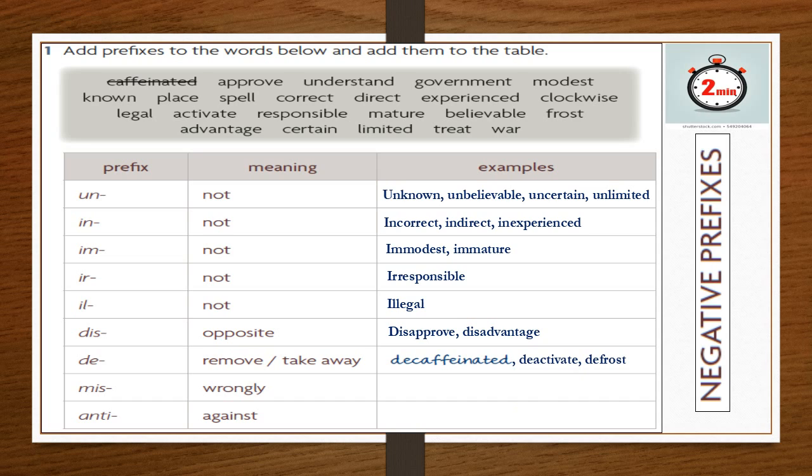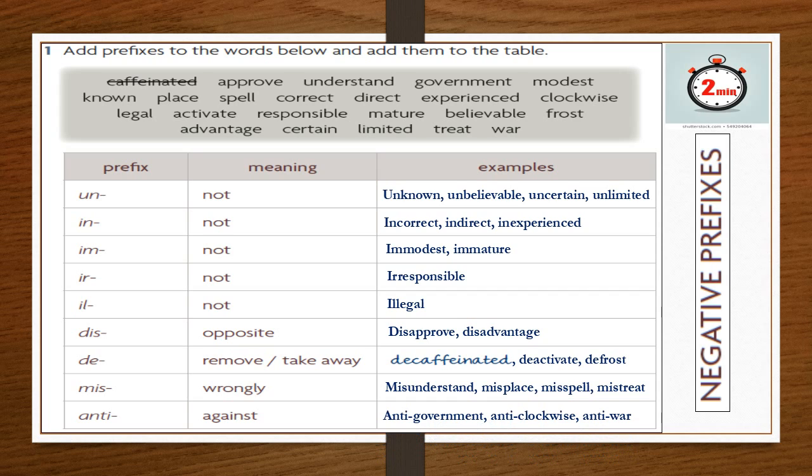The prefix de means to remove something from the word, to take it away: decaffeinated, deactivate, defrost. The prefix mis means it's wrongly perceived, like misunderstand, misplace, misspell, and mistreat.